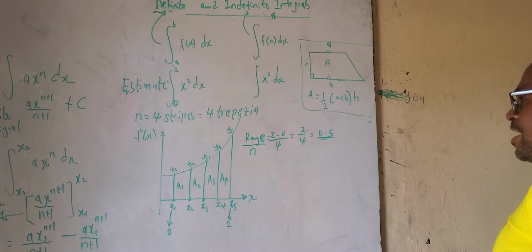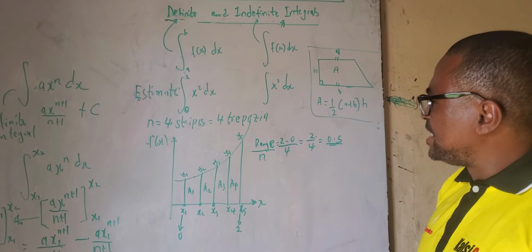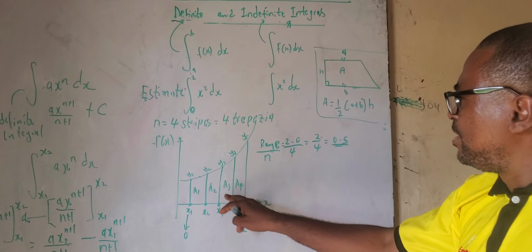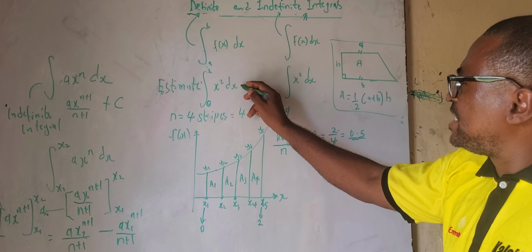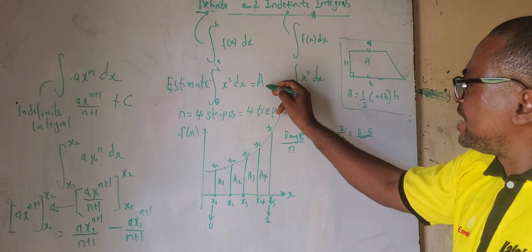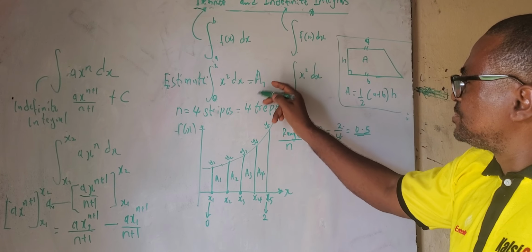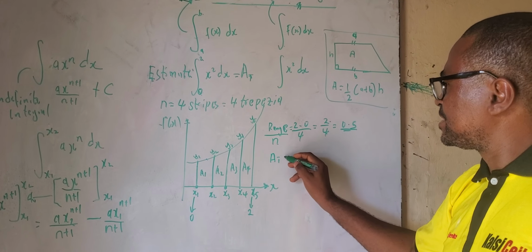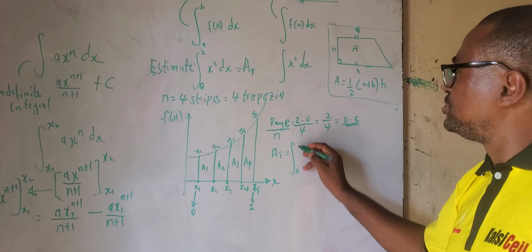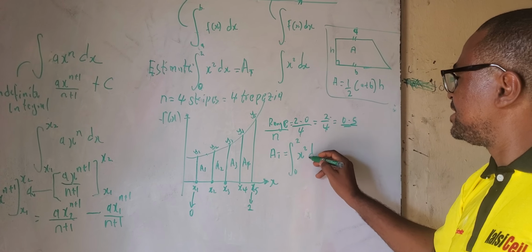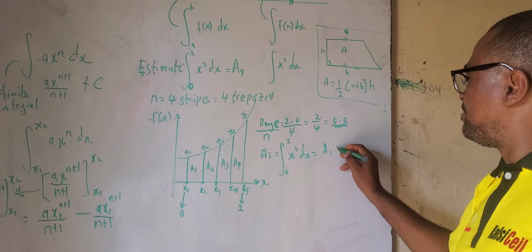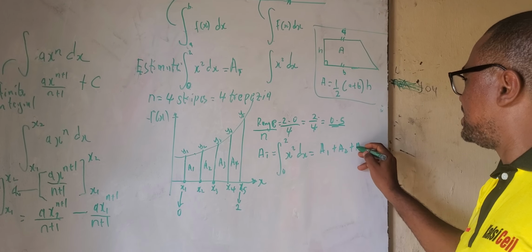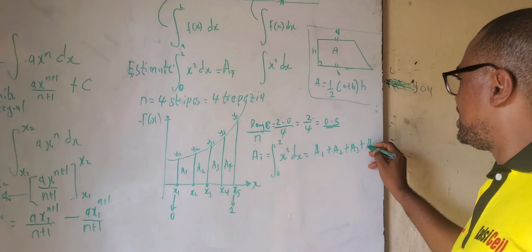Now, in this case, this particular integral actually means the summation of all the area under the curve. So this total area here is actually the integral we want to find, and is given as a1 plus a2 plus a3 plus a4.